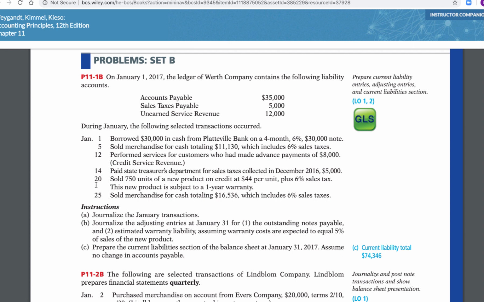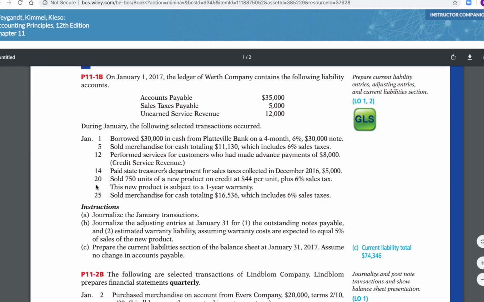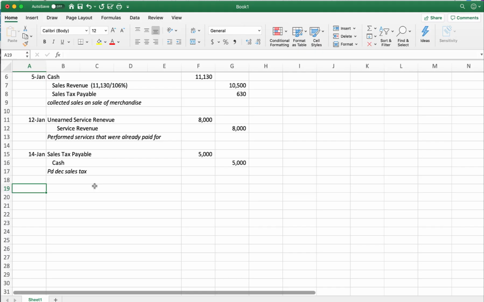We sold something on credit and we collected sales tax. Okay, no problem. We can do that super easy, right? So, on January 20th, what are we receiving, right? Let's think about it that way. Well, we're receiving an accounts receivable, right?